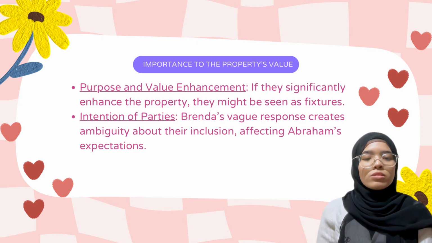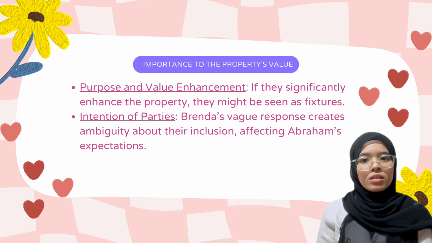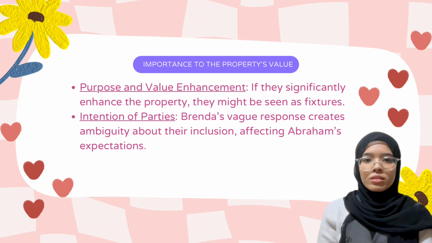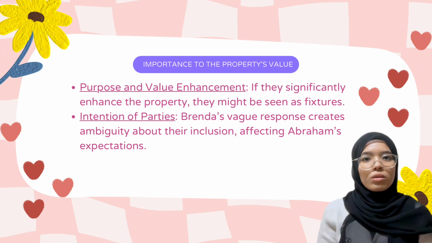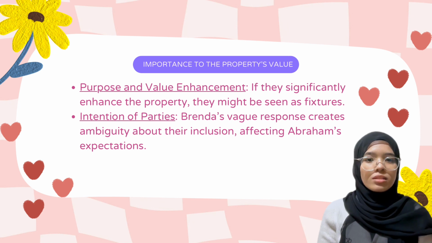This aspect introduces another layer of complexity, as it raises questions about what a reasonable person would have expected under these circumstances. While Brenda's argument about their high value might suggest they were never intended to be part of the sale, her vague responses and the significant role these items played in enhancing the property's value complicate this interpretation.